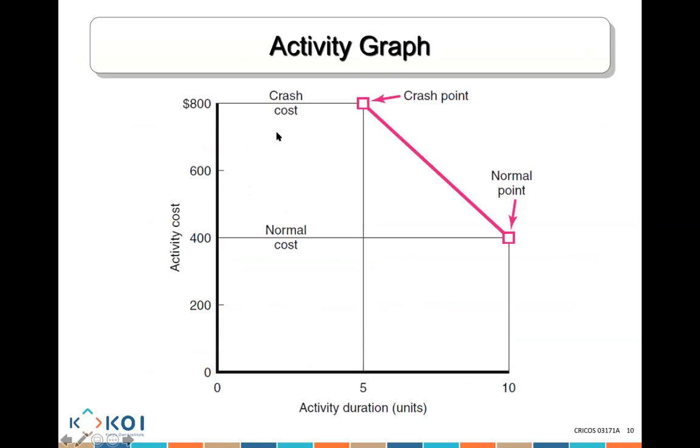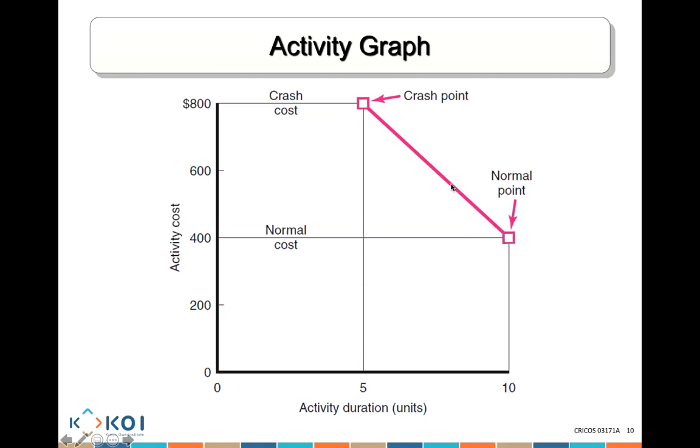Now, this is an example here. A project might normally finish in 10 days, but I can finish it in 5 days if I crash it. And how much can I reduce it? I can only reduce it by the difference between the normal time and the crash time. So this is really the period of time I can actually reduce. Every time I reduce the duration by 1 day, my cost increases.